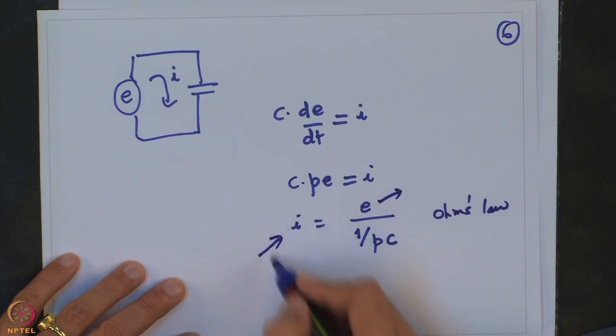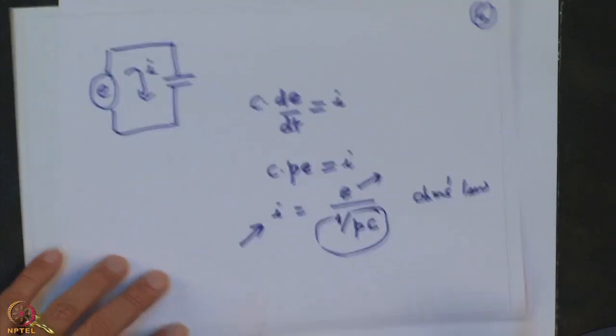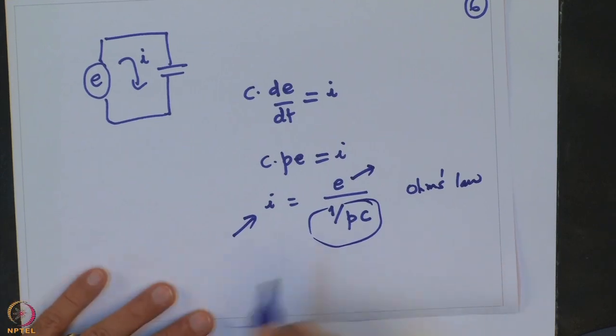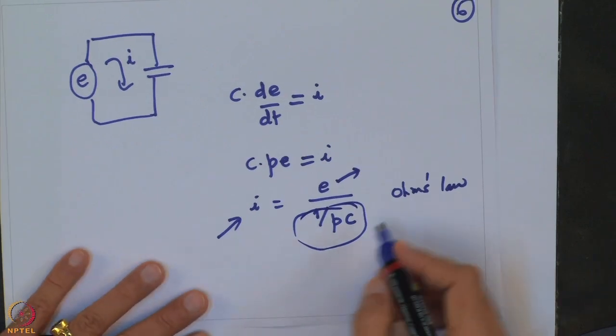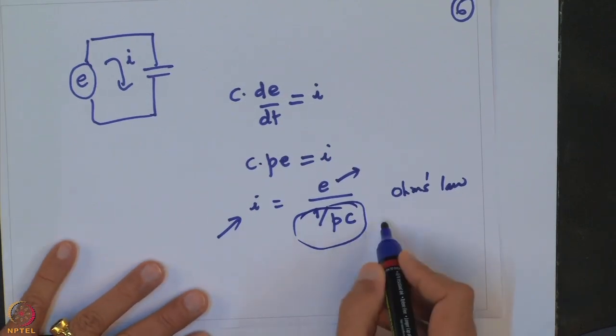Voltage is there, current is there. So, this must be a resistance, or as we learned in the case of the inductor, this must be an impedance, and that impedance value is given by 1 over P C.